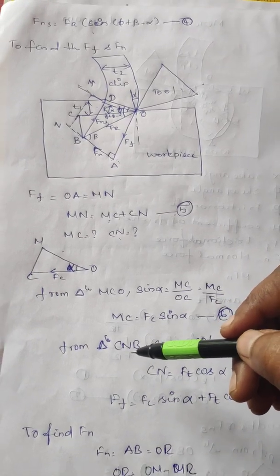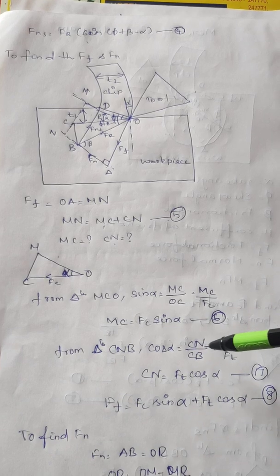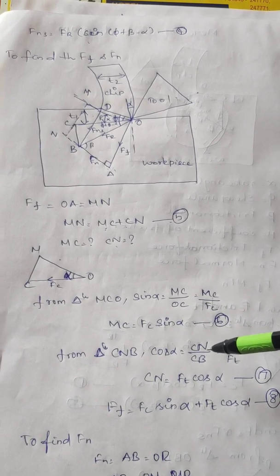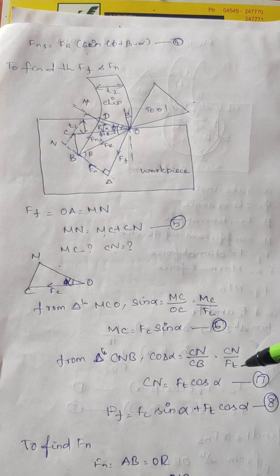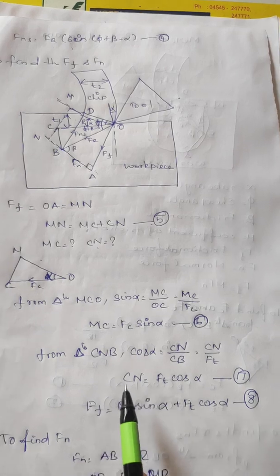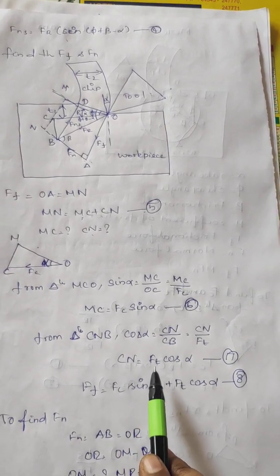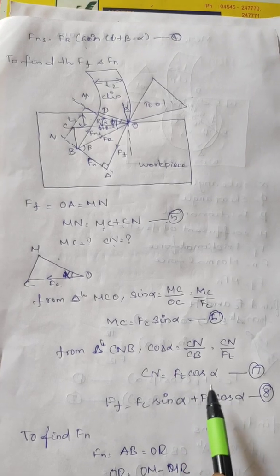And from triangle CNB, we take cos alpha is equal to CN by CB, where CB is the thrust force Ft. Rearranging this, we get CN is equal to Ft cos alpha, that is thrust force into cos of the rake angle.